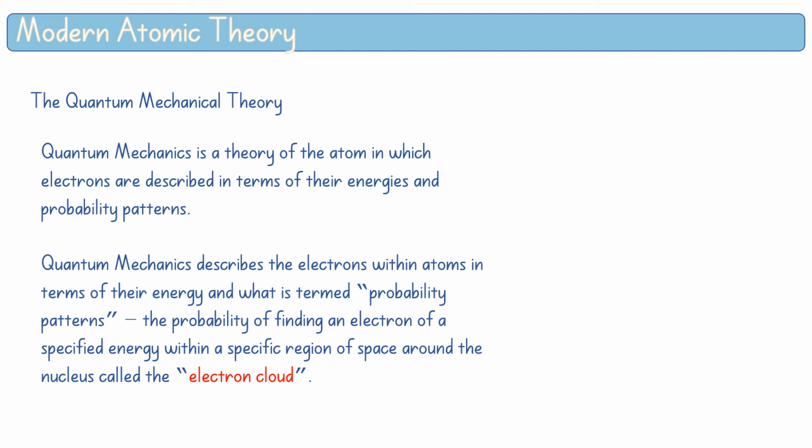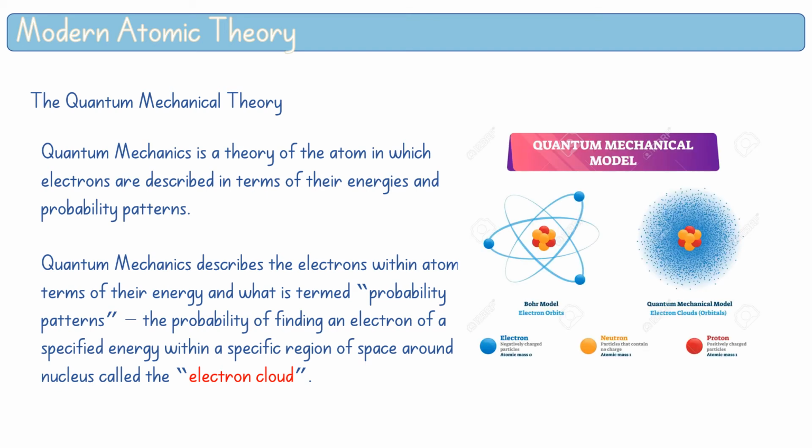The probability of finding an electron of a specified energy within a specific region of space around the nucleus is called the electron cloud. You can see in this illustration the difference between the Bohr model and the quantum mechanical model.